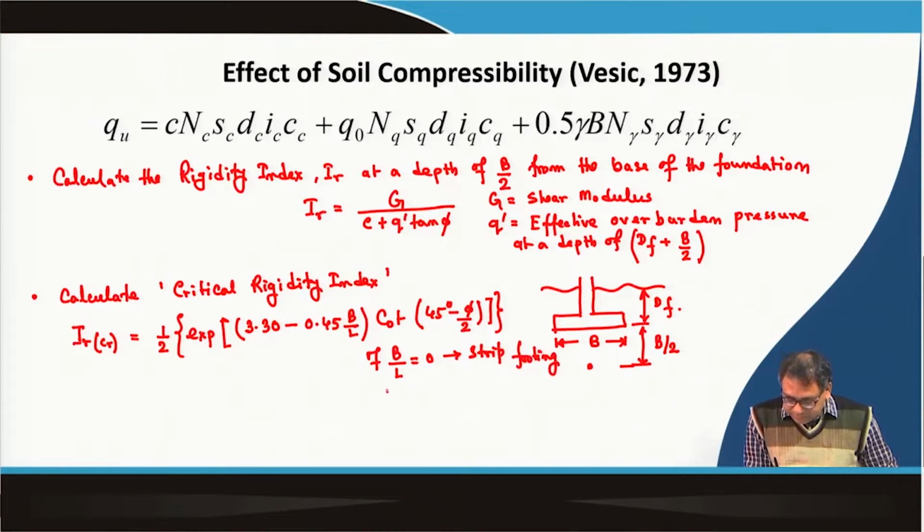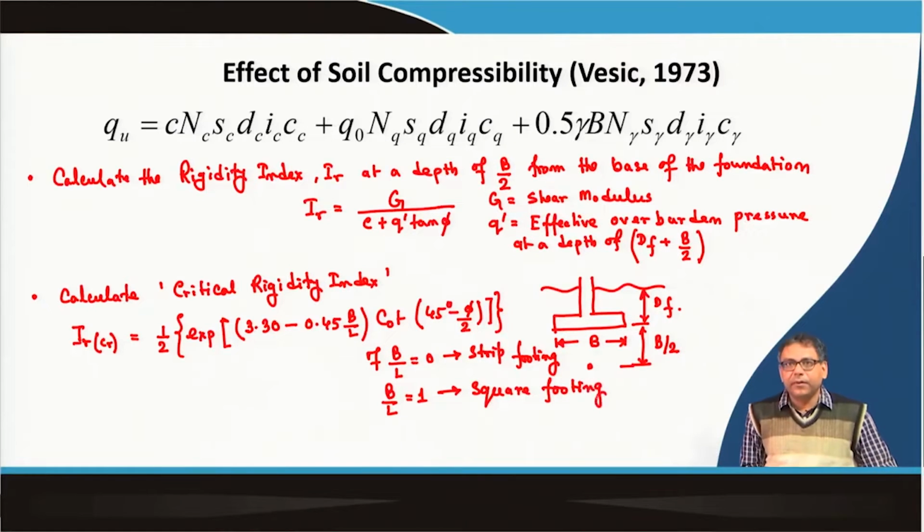And if B by L is equal to 1, then it is called a square footing. Now, if B by L is equal to 0, this part will be 0, and only 3.3 cot of 45 degree minus phi by 2 will be within the exponential part.